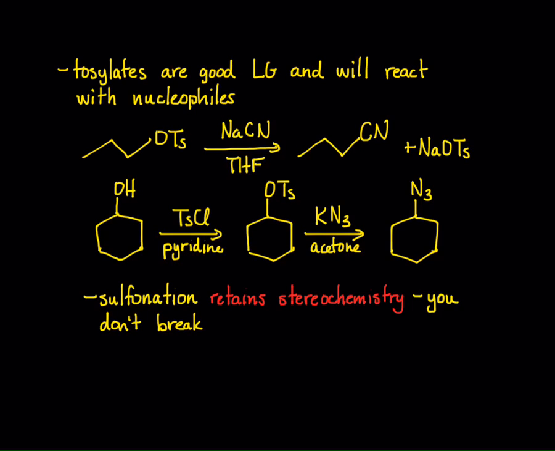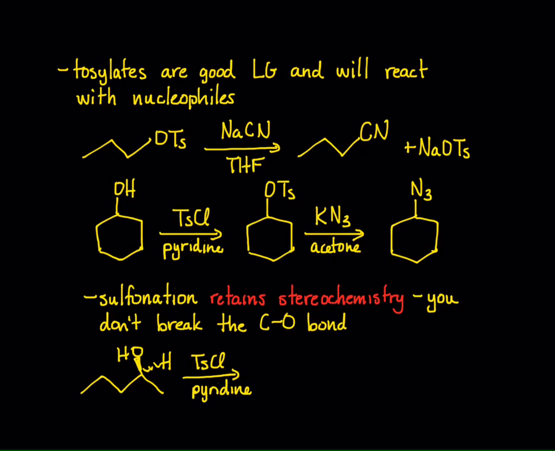So you don't break the carbon-oxygen bond. The oxygen of the OH reacts with the sulfur of our sulfonyl chloride, but the carbon-oxygen bond never breaks. And therefore, if that carbon is a stereogenic center, there's never any change in stereochemistry taking place to convert the alcohol to the tosylate.